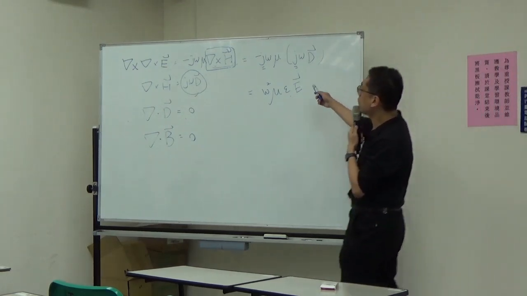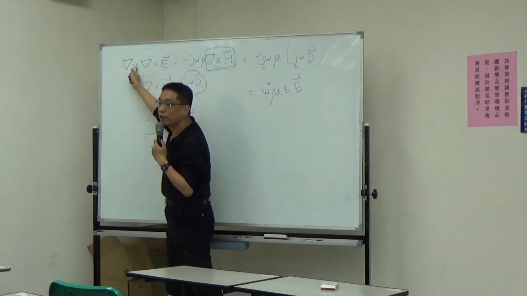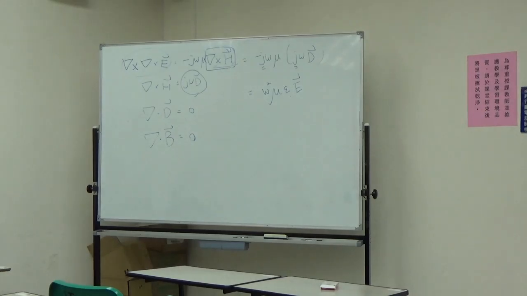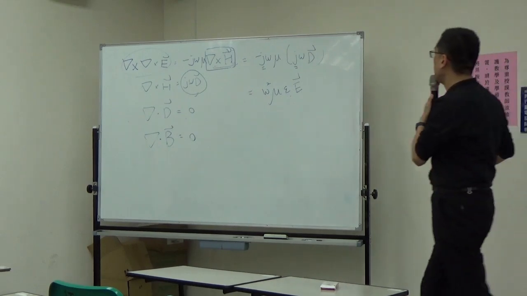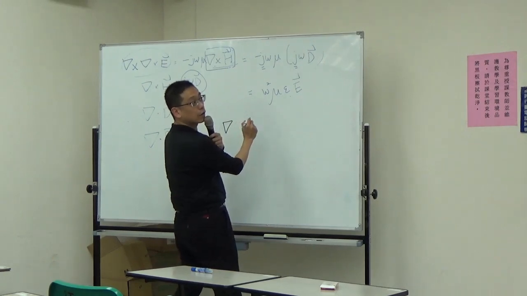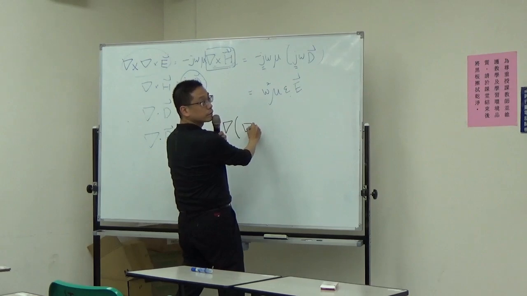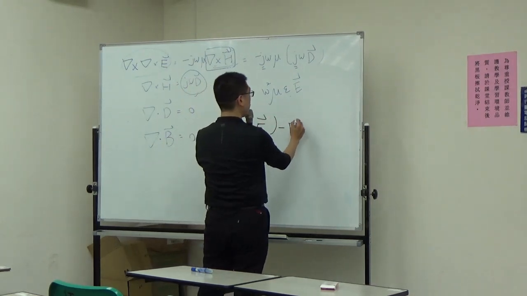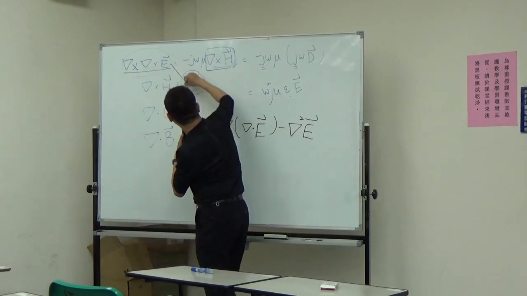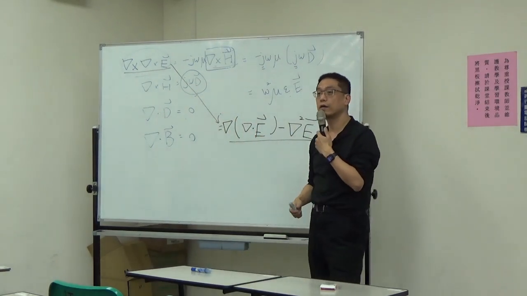This one equals this part, and you will use an equation for the twice curl of a vector. I'll write it in a different color to make you understand. It equals minus Laplace E, because of this equation.